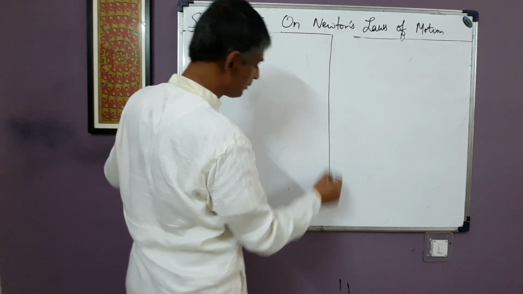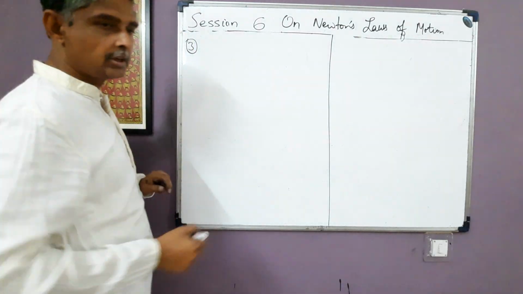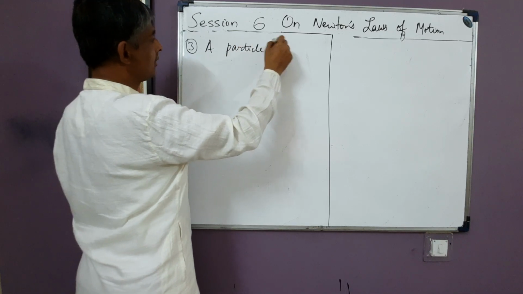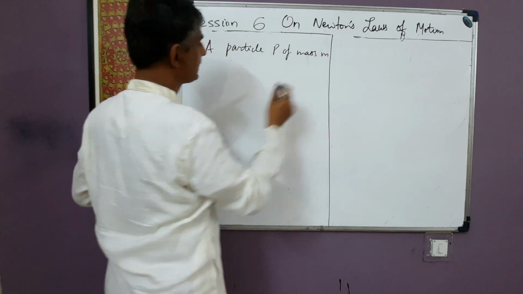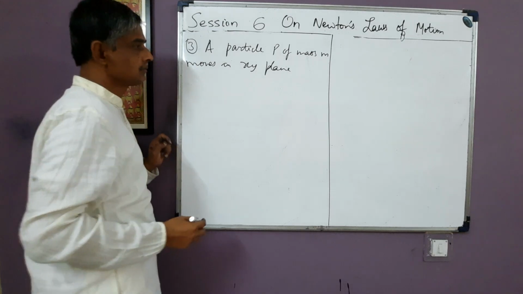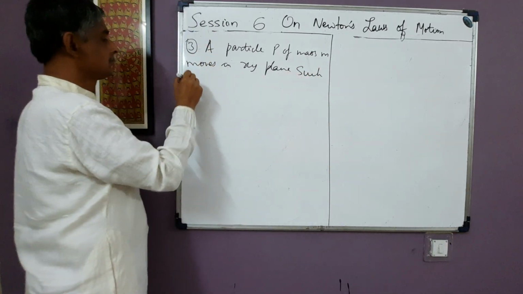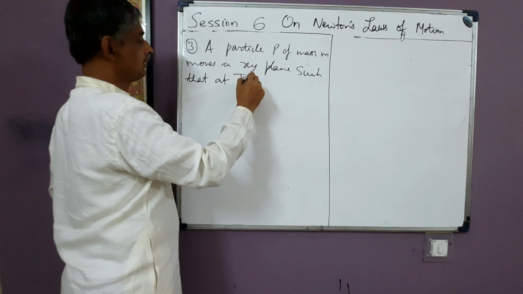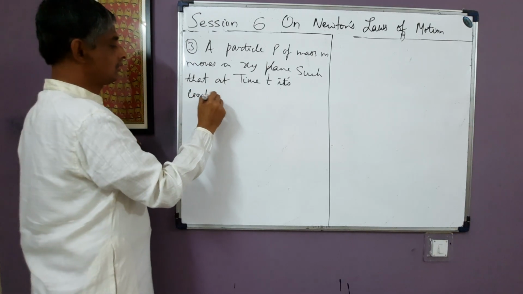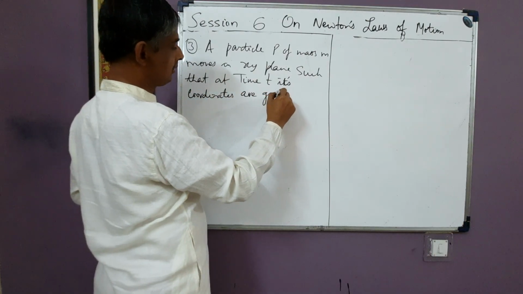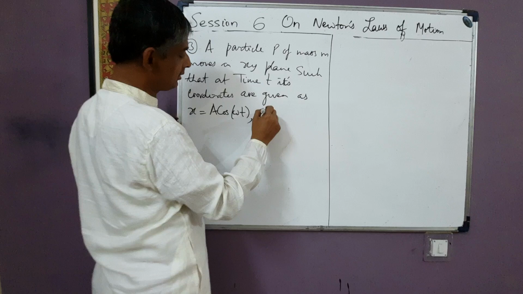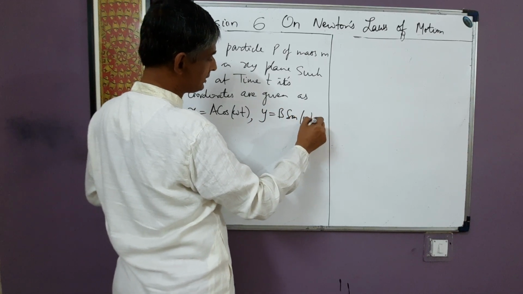Now I take up the third problem in this video. Third question is this: a particle P of mass m moves in the xy plane such that at time t its coordinates are given as x equal to a cos omega t and y equal to b sin omega t.